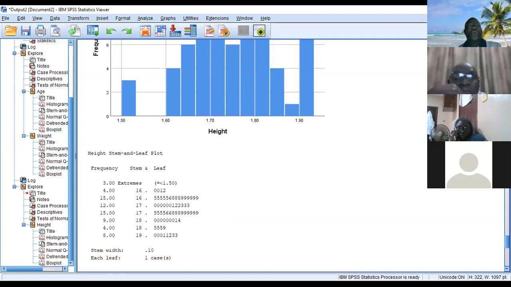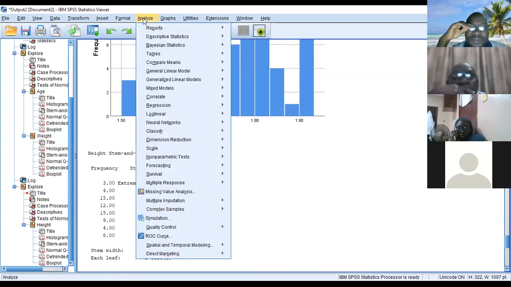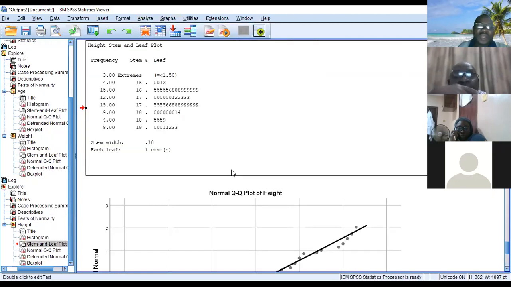Another thing I want you to do, go back to analyze. I want you to do something also. Go back to that explore. So the first one in this stem and leaf, how will you say it? Will it not be 1.6?